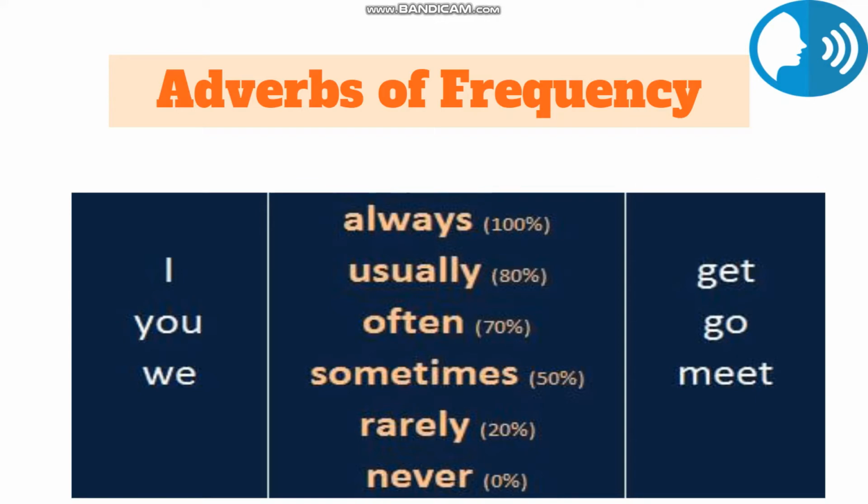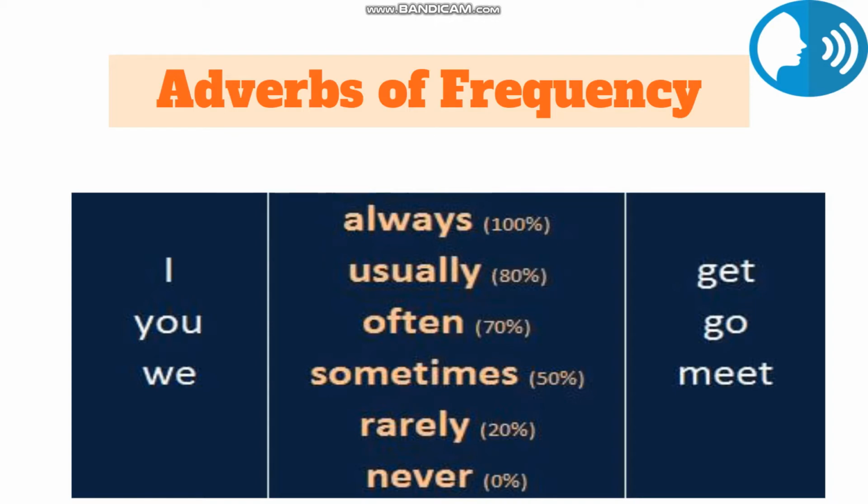Well, the first one is always. So, we use this adverb when the action happens all the time. Frequently, normally, usually, often, regularly. These adverbs are used when the action happens many times.